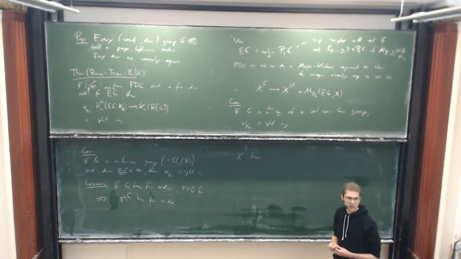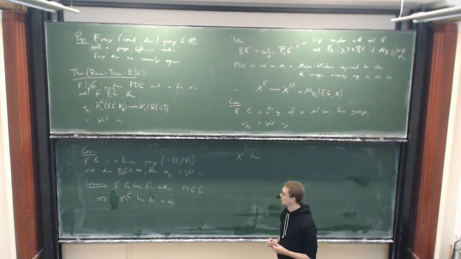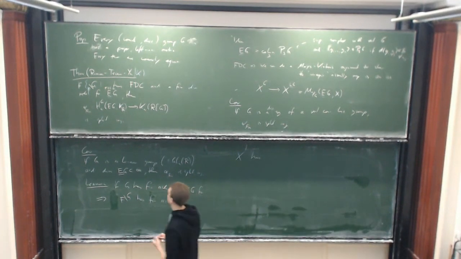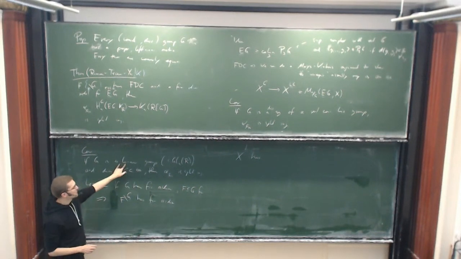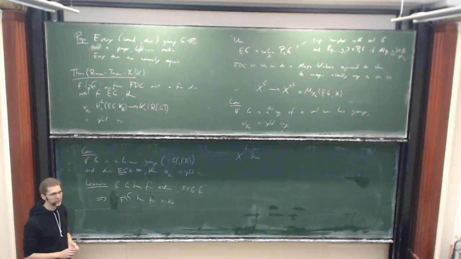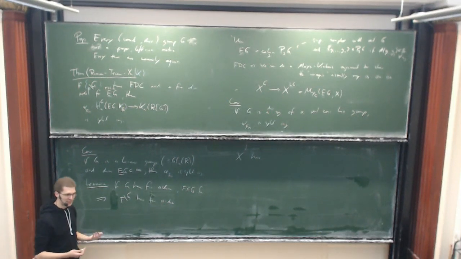I don't have an example of a linear group that doesn't have finite asymptotic dimension and a finite model for the classifying space. But I don't know. I think it's not known if they're all.